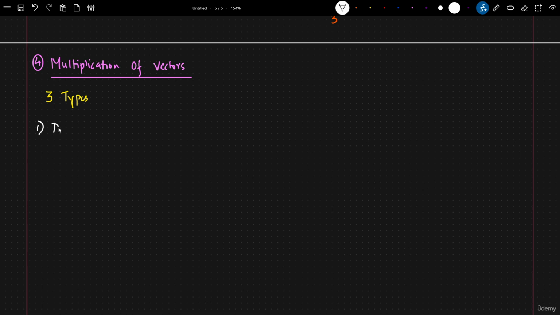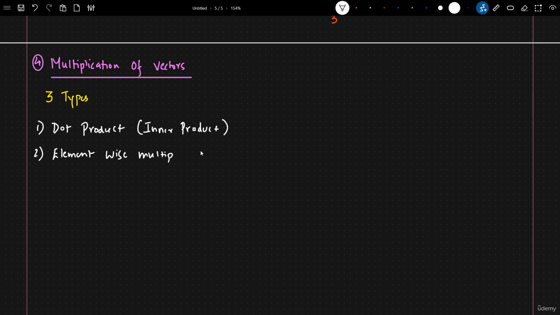One is something called the dot product. Okay. So this is nothing but dot product. Dot product is also called the inner product. Okay. So we will have a detailed discussion about what exactly the dot product is. Coming to the second type, which is basically called element-wise multiplication.